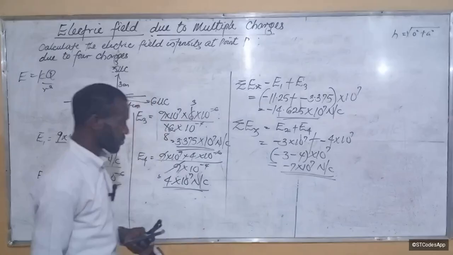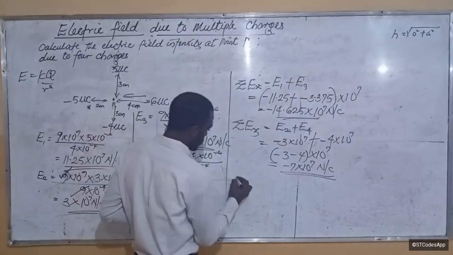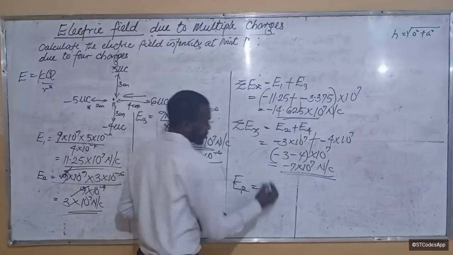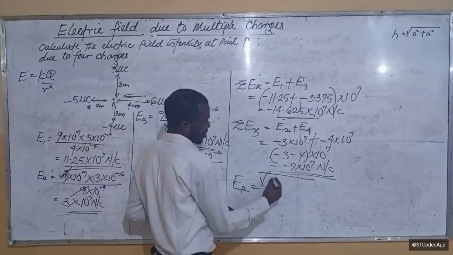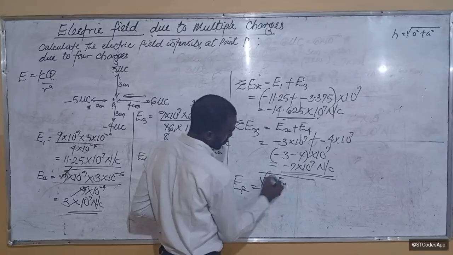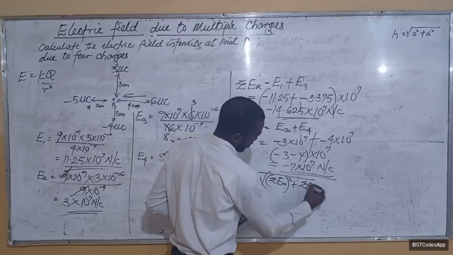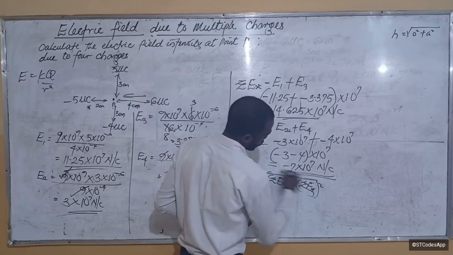Is this clear? If that be the case, then the resultant electric field becomes the square root of the electric field on the x-axis all squared plus the sum of electric fields on the y-axis all squared.